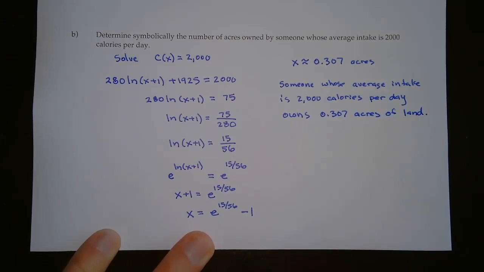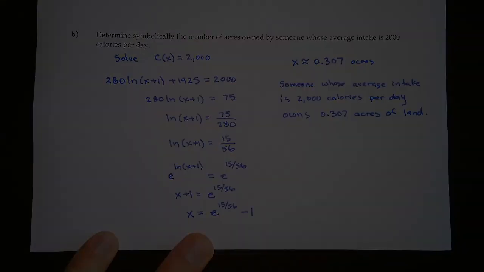So there's a definite correlation between how much land you own and how much you eat, in these developing countries. All right, so turn the page and we'll do example 3 next.